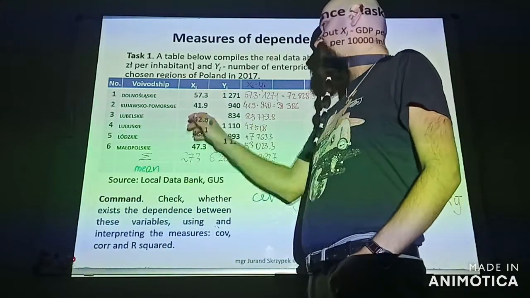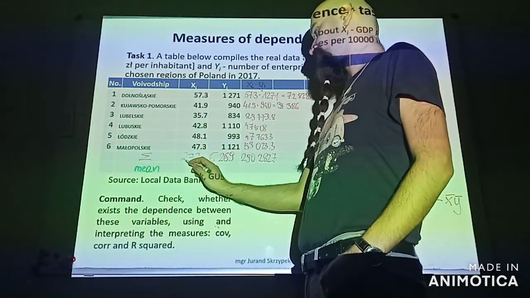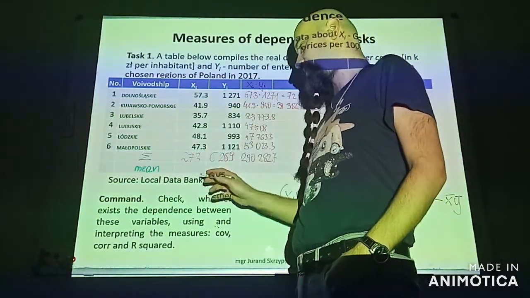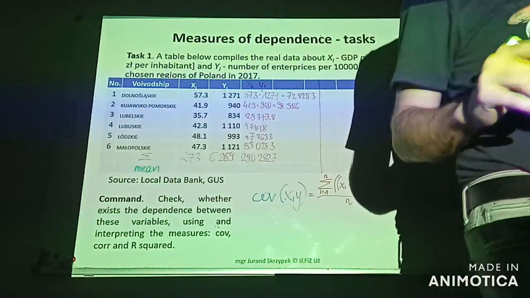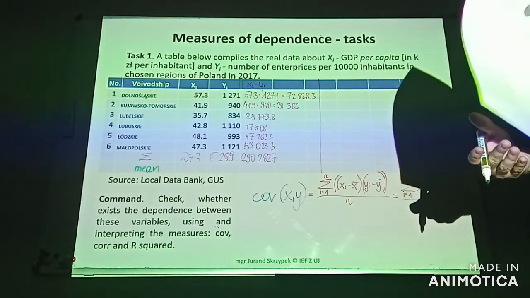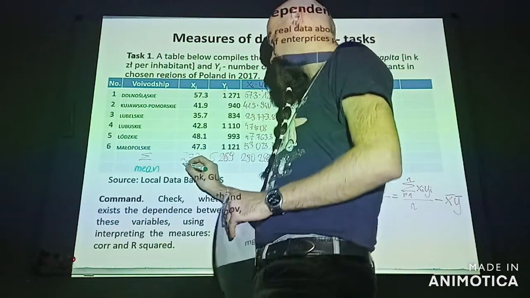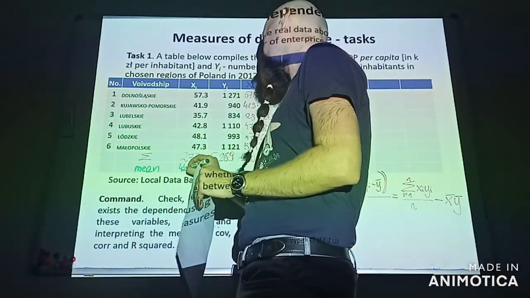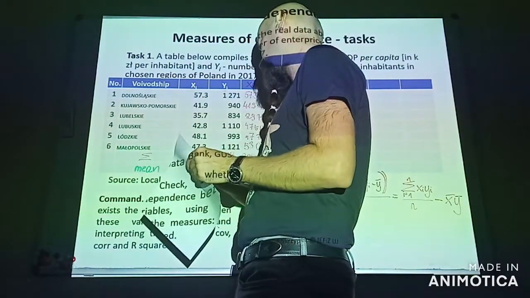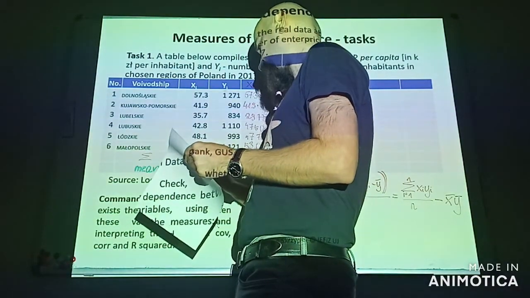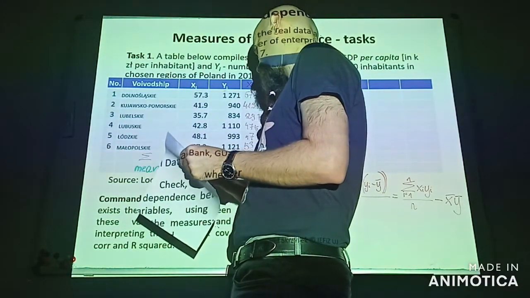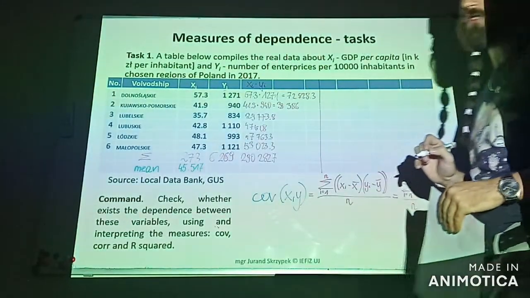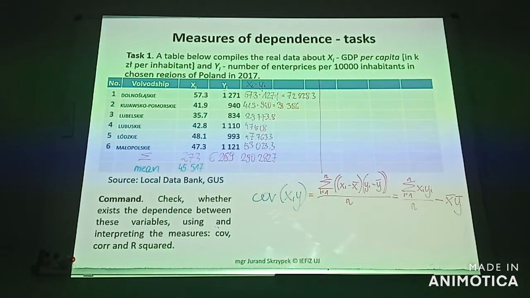First goes the mean level of x. So we divide 273 by 6, and the result is the mean level of GDP per capita, 45,517 zlotys per inhabitant.